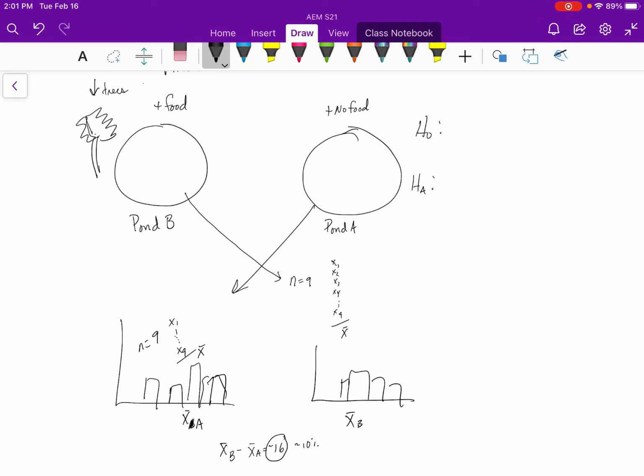The other alternative, or the null, what I'll call it, is that the difference in fish weight is due to sampling variance.